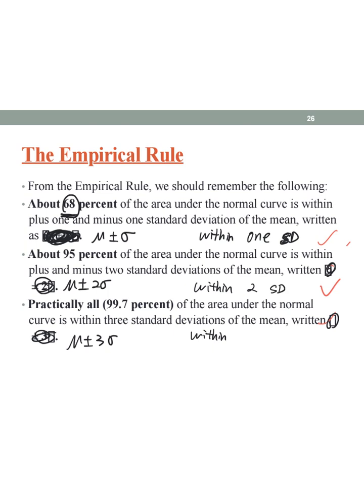So practically, if you calculate the probability, that is approximately 1, right? So we can say almost every observation is within the 3 standard deviation area. So it's very, very rare to have one observation outside the 3 standard deviation area.